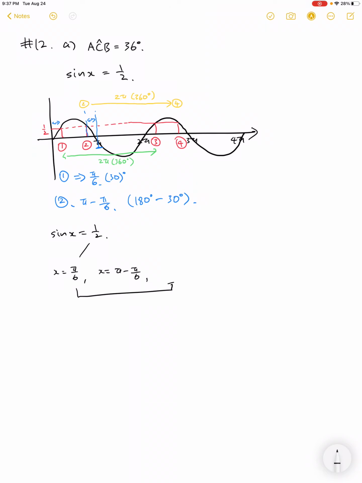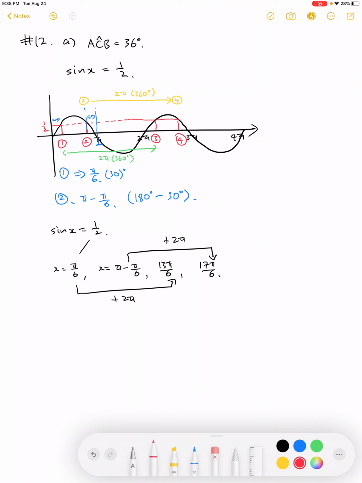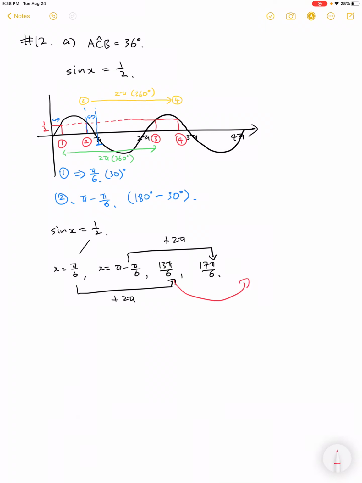Then the next value is just plus 2 pi, which is going to be 13 pi over 6. The next value is also plus 2 pi, which gives us 5 plus 12, 17 pi over 6. And after that, you just take alternate terms to give you plus 2 pi, plus 2 pi, and so on.